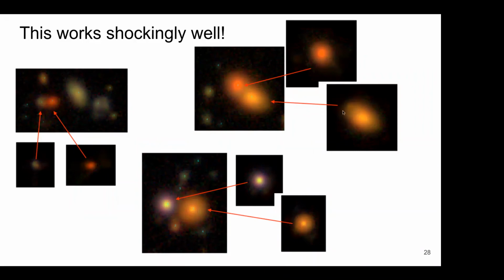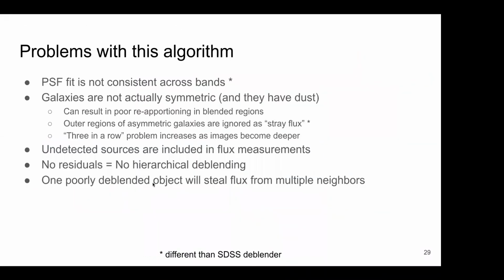Again, it doesn't do a perfect job deblending here in the overlap region, but the colors are roughly correct. And so that means, for example, something like photo-z, that it should do a decent job recovering those measurements.